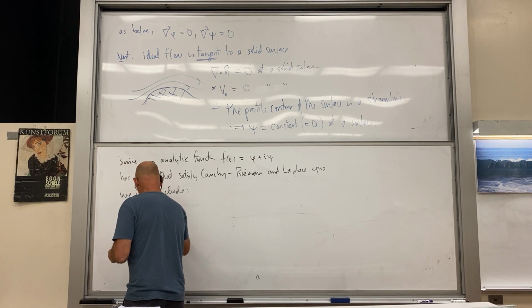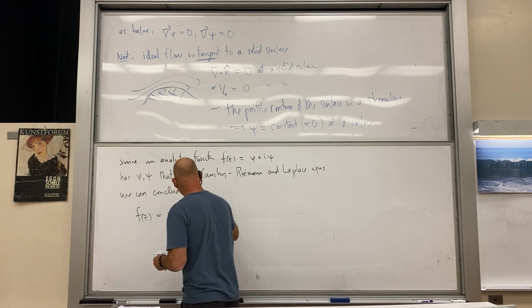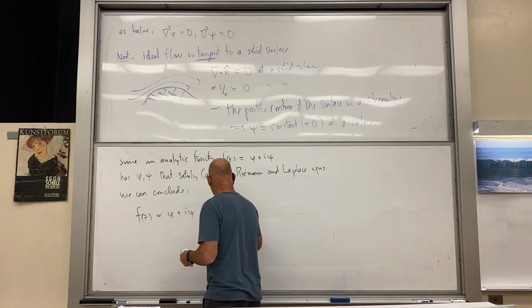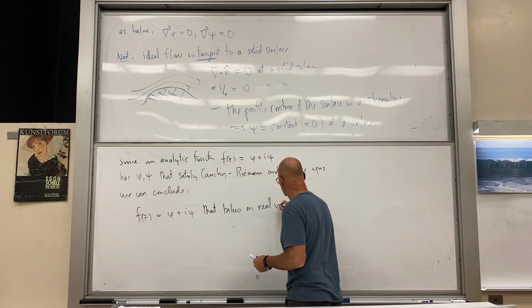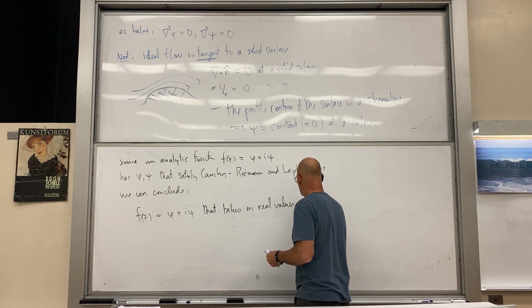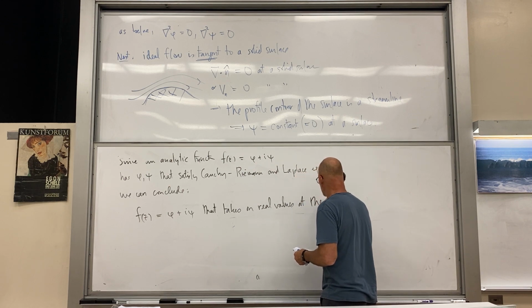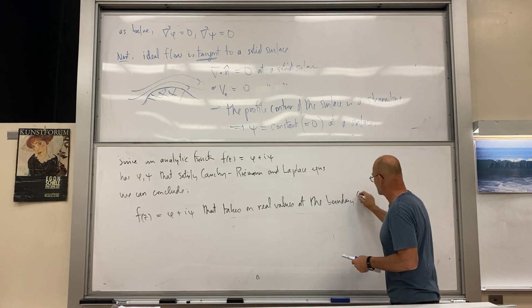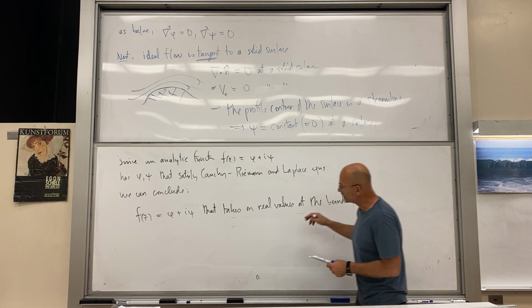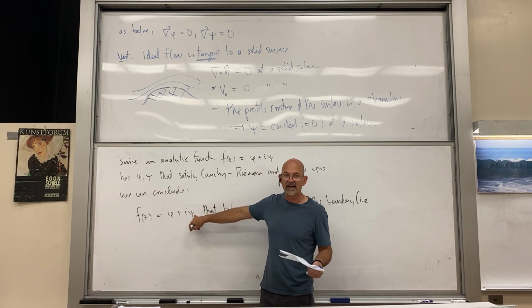f of z equals phi plus i times c that takes on real values at a boundary, i.e., what it means for this function to take on real values is that this imaginary part vanishes.